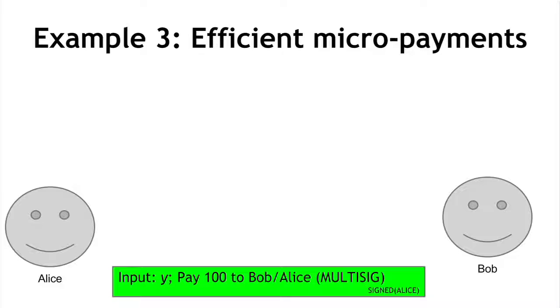So how is this going to work? We start with a multi-sig transaction that pays the maximum amount Alice would ever need to spend to a multi-sig transaction requiring both Alice and Bob to sign to release the coins.